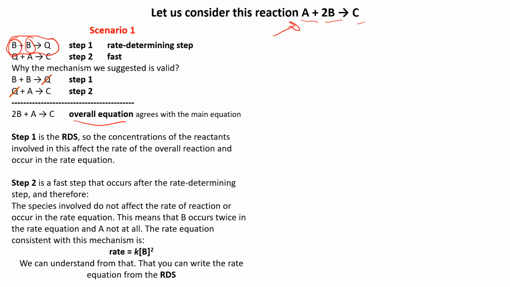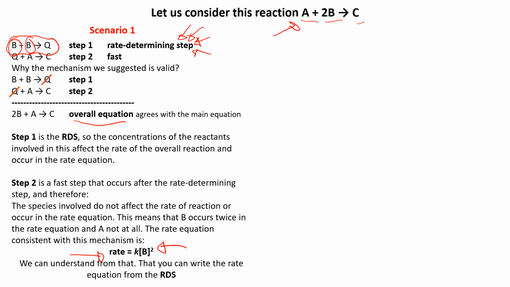One of you will ask, how can we write a rate expression? Didn't we agree before that the rate expression can only be determined from experimental data? Yes, that's correct. But I also said now that the rate determining step cannot be predicted.